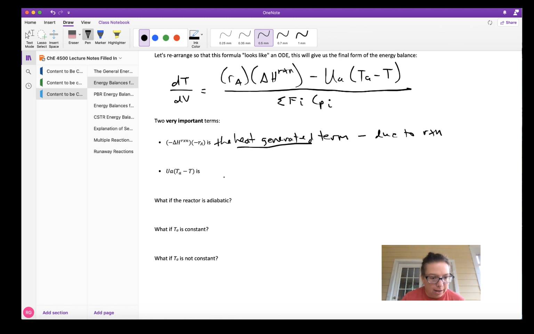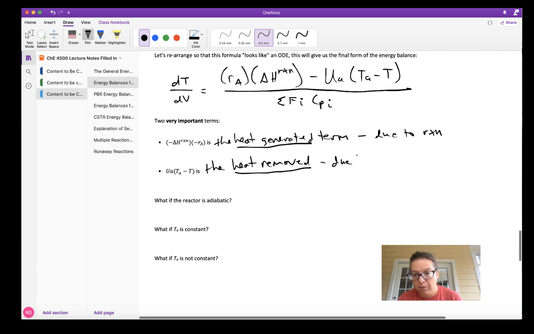UA delta T is the heat removed. So the heat exchanger is removing heat based on the heat transfer coefficient and the temperature difference. So this is due to the heat exchanger.